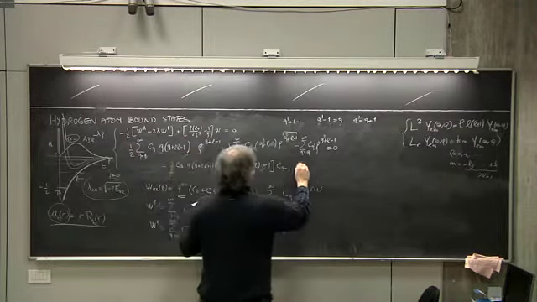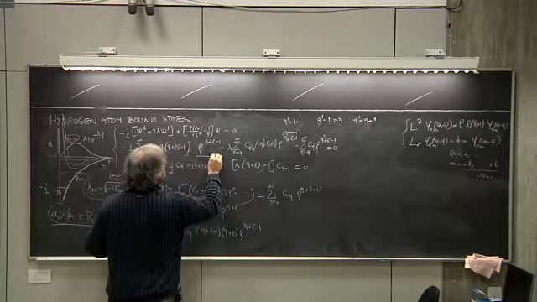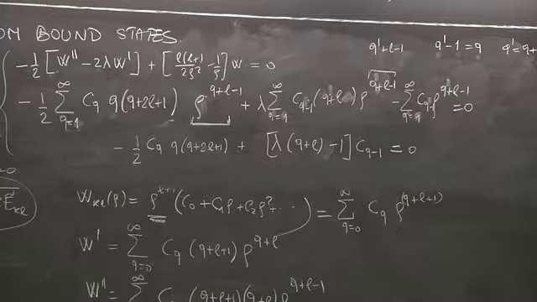All this should be 0, in order for the coefficient of this generic term Q plus L minus 1 to be 0. You just read it.